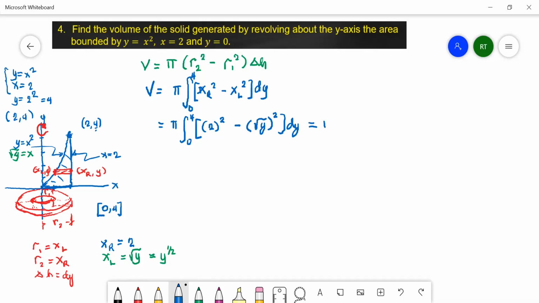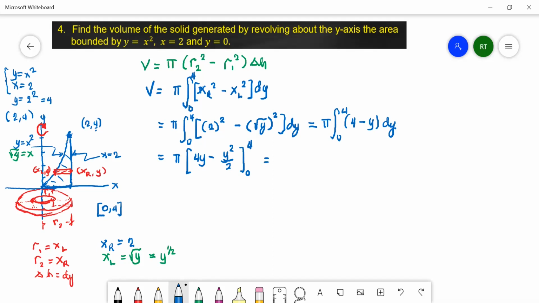And this will give us pi times the integral from 0 to 4 of 2 squared is 4 minus the square root of y squared is y, dy. And if we will evaluate the integral, then that gives us pi times the integral of 4 dy is 4y minus the integral of y dy is y squared over 2, and this must be evaluated from 0 to 4.